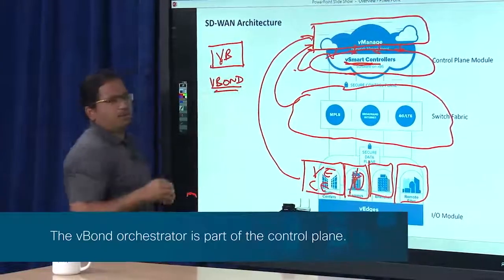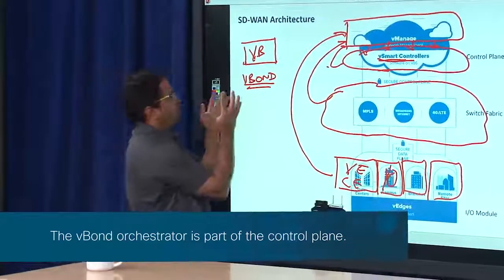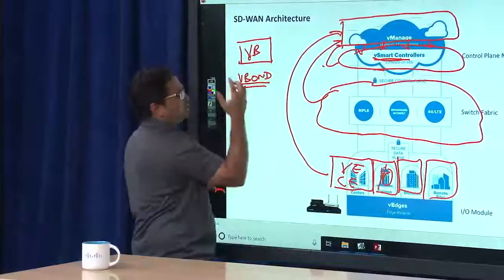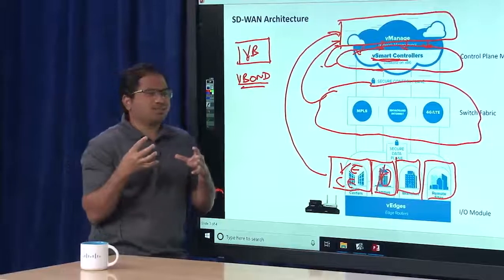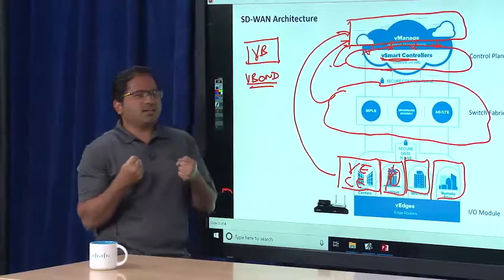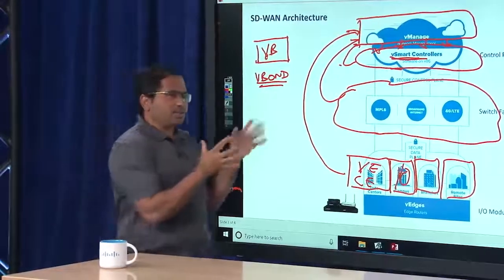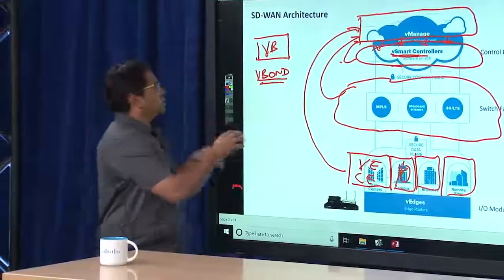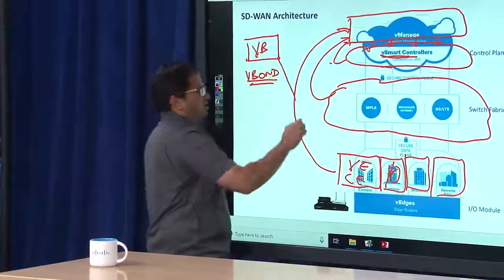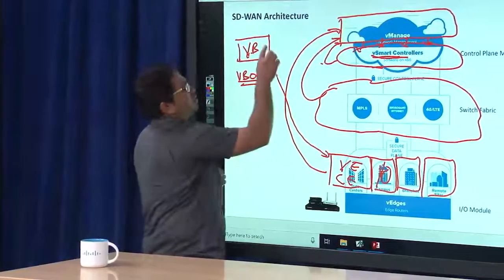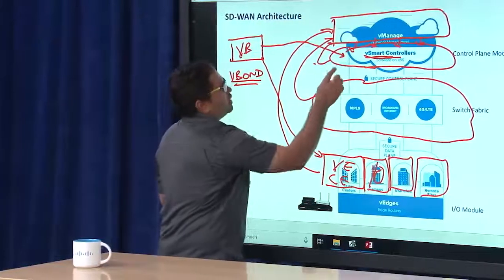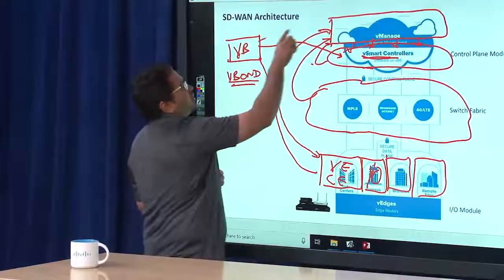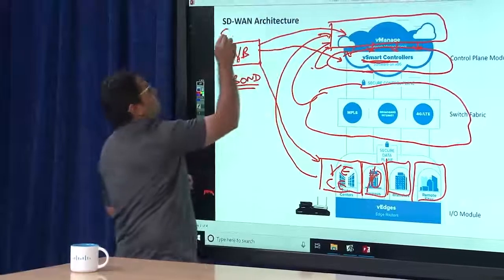Okay. So what a vBond essentially does is what a STUN server does for getting a NAT mapping in today's technology. So it is essentially the one component in the Viptela architecture that is a server for everyone.